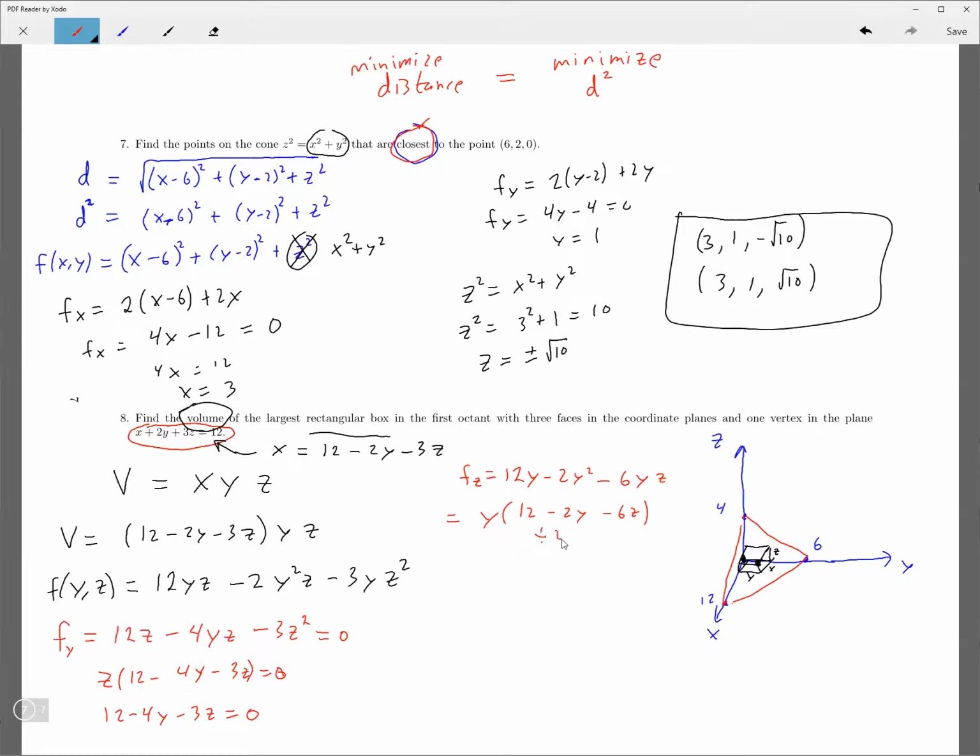Okay, so I'm going to divide everything by 2. So I've got 6 minus y minus 3z equals 0. Okay, there we go.